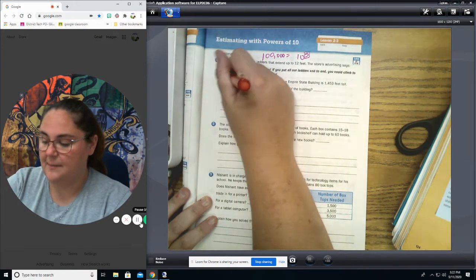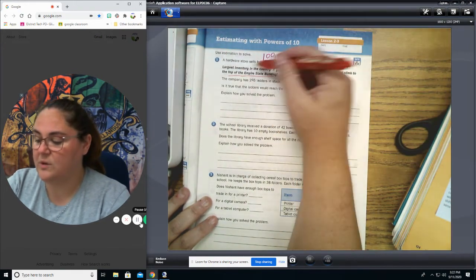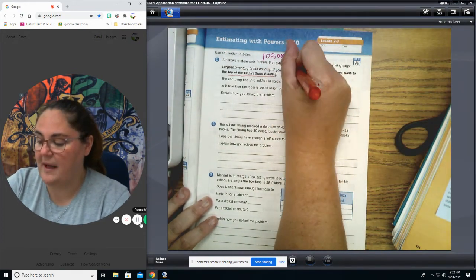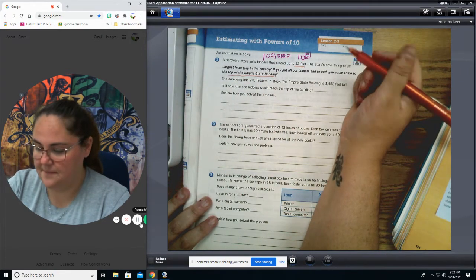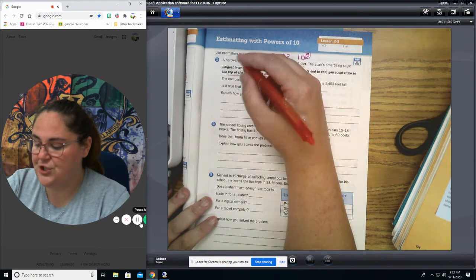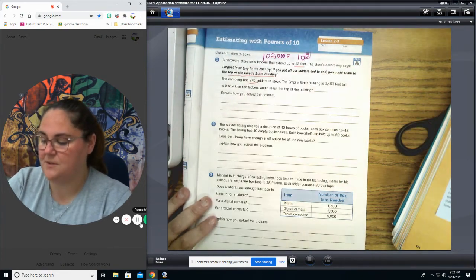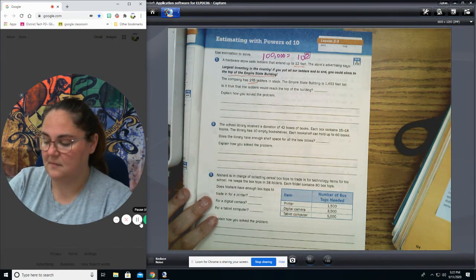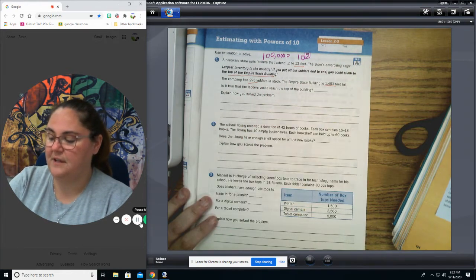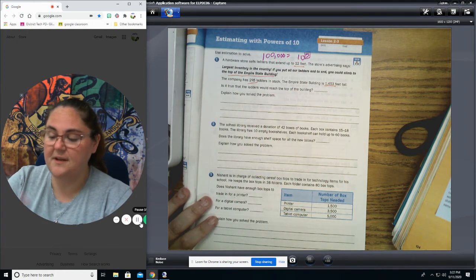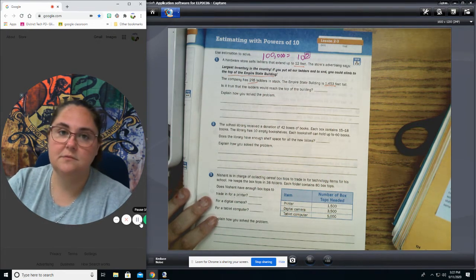The hardware store sells ladders that go 12 feet. The company has 295 ladders in stock. And the Empire State Building is 1,453 feet tall.